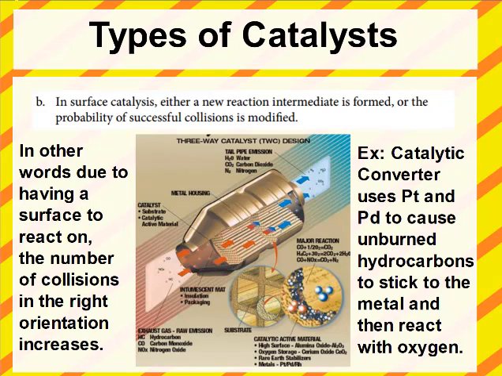We also have surface catalysts, where either a new reaction intermediate is formed or the probability of successful collisions is modified by providing a surface for the reaction to occur on. So in a catalytic converter, it's going to use platinum or palladium to cause unburned hydrocarbons to stick to the metal where it can react with the oxygen. Otherwise, the gas is going through so quickly that it's not able to react.